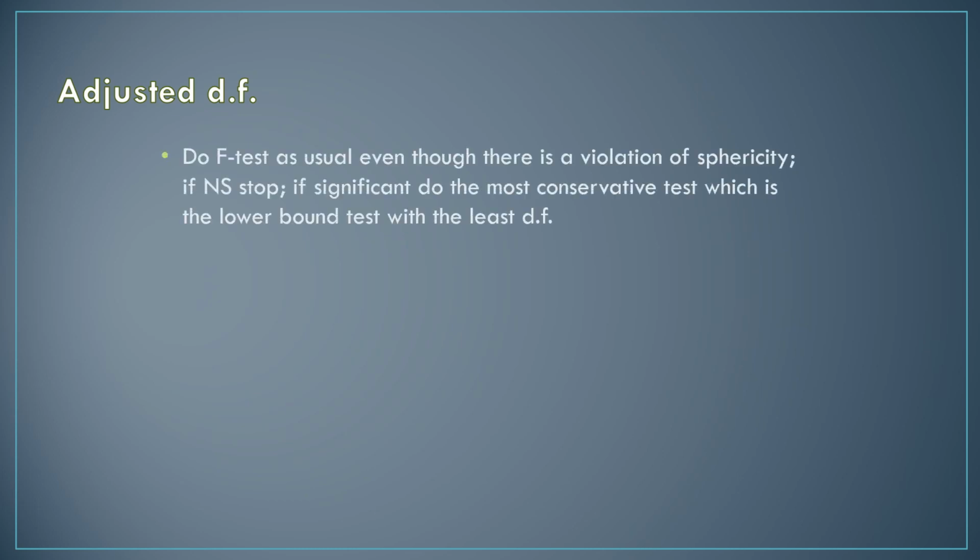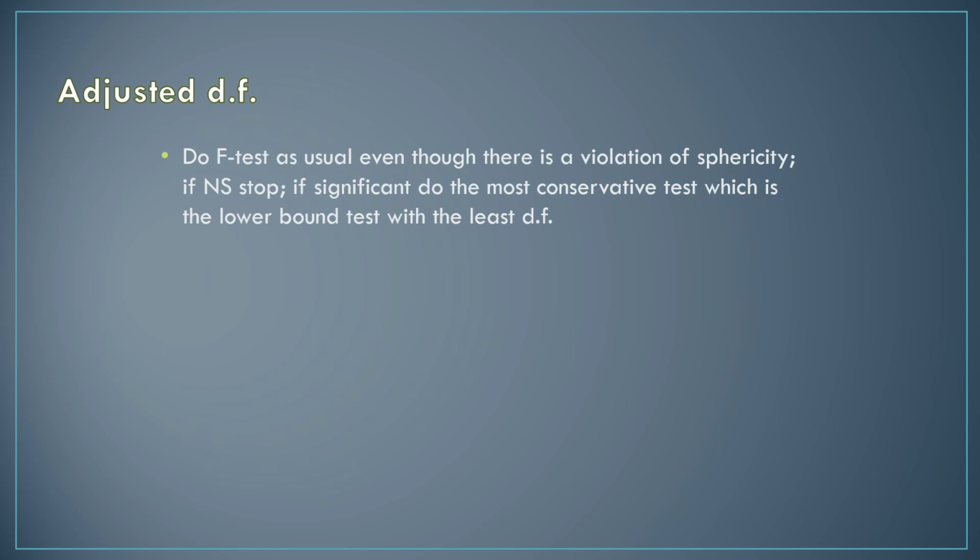So one of the options if you have a violation of sphericity is to do an adjusted ANOVA, which is an adjusted degrees of freedom. And so how you do this is you do your F-test as usual. And if there's no violation of sphericity, then you stop.